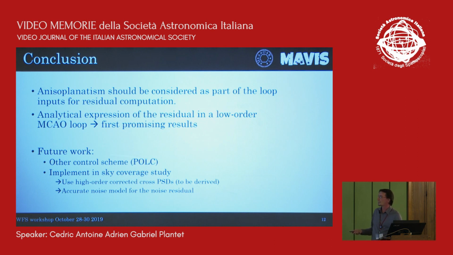And then to implement that in the sky coverage study, so in the work package that Benoit presented as well, we can try to derive high-order corrected cross-PSDs. And then in the case of Maui, we would like to have a more accurate noise model to make the analysis completely analytical. Okay, thank you.